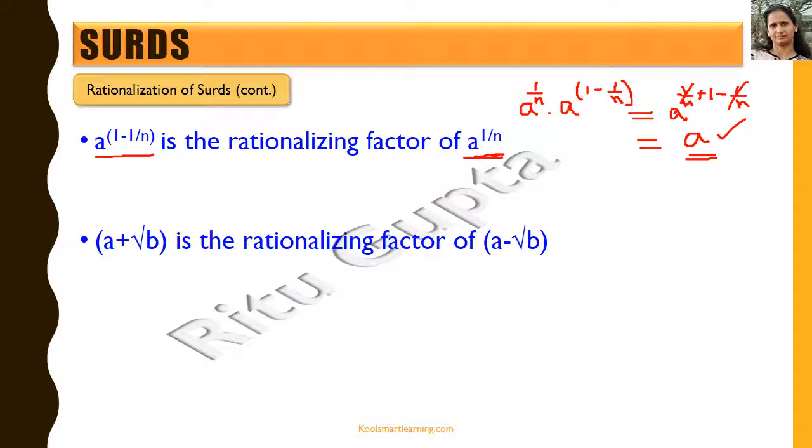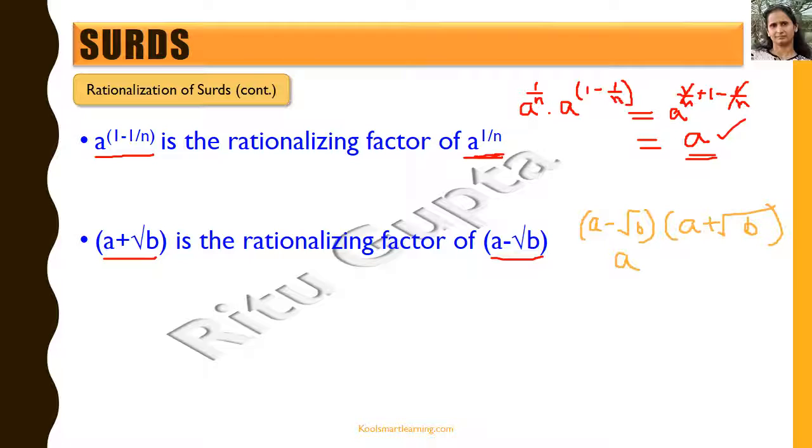Now let's take another example. We have something of the type a minus root b. Now we need to rationalize this. We have a plus root b as its rationalizing factor. So if we multiply a minus root b with a plus root b, we use an identity of the type x plus y into x minus y is x square minus y square.